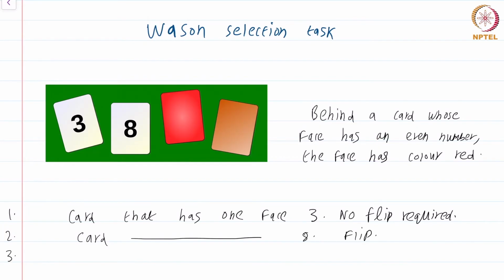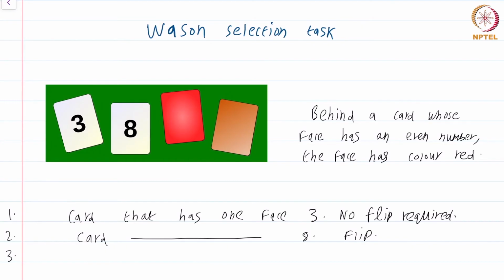Now, third one. Here is where some people make a mistake. Some people say you need to flip the card that has the face red. But you actually no need to do that. Why? Because there are only 2 possibilities for the opposite face, either an odd number or an even number. If it's an odd number, then regardless of whether this is red or brown or black or cyan, it really doesn't matter.